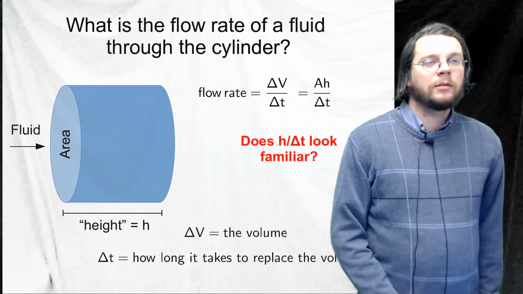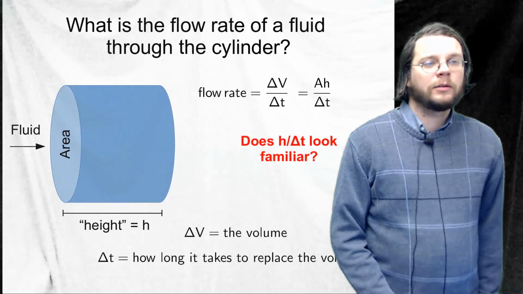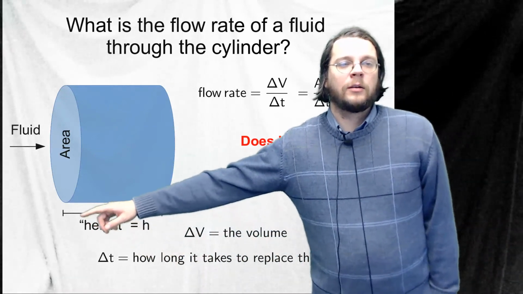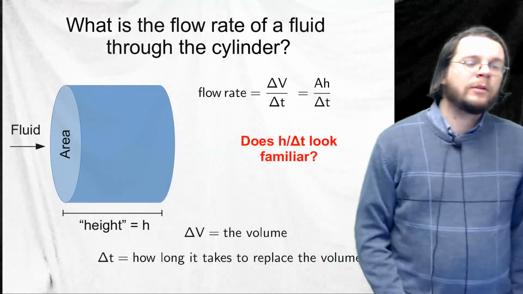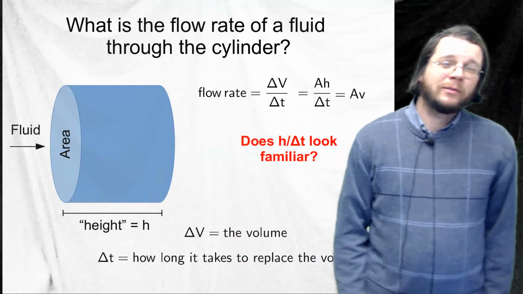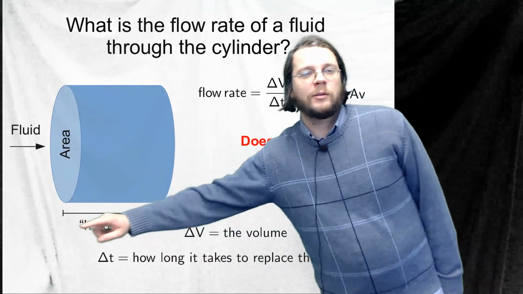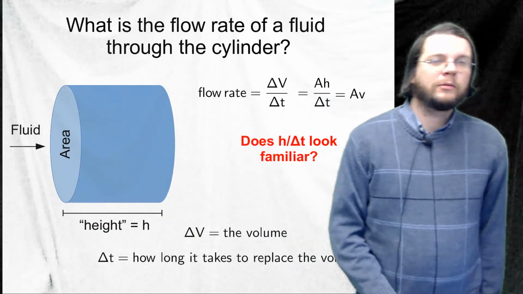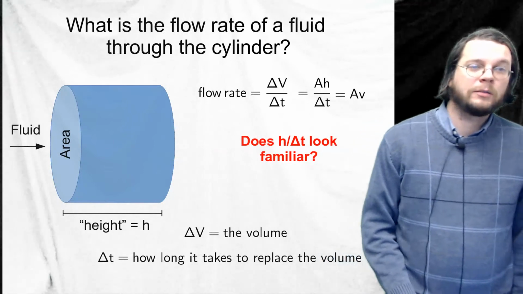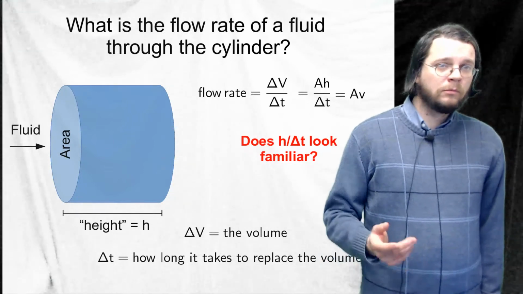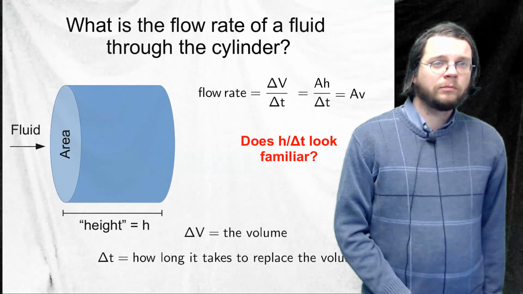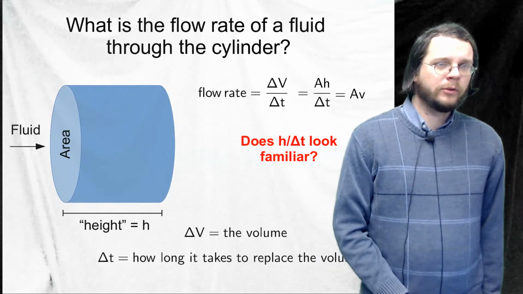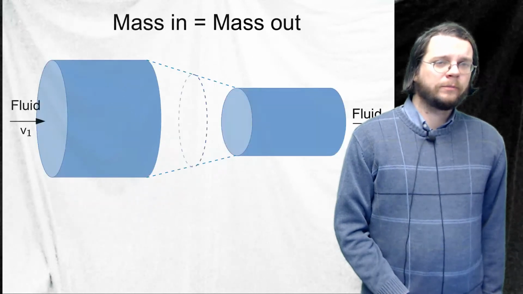And then the thing to think about, we're talking about replacing the water here over some period of time. Well, that height divided by that period of time is, if you think about it, the water is kind of steadily flowing. It's just going to be the velocity, and so the flow rate is going to be the area times the velocity. The units make sense. Seems to make sense to me. The faster V is, the bigger A is, the more flow you get, volume per second.